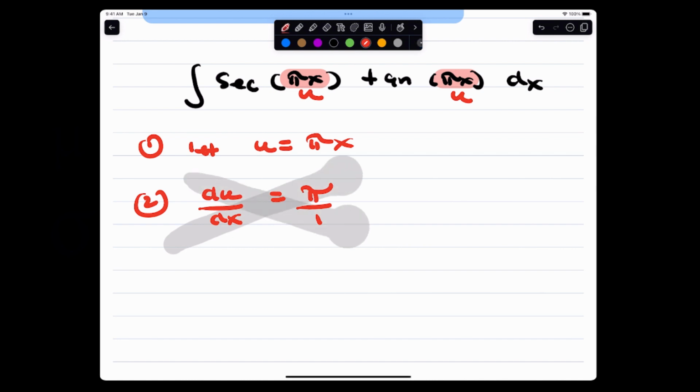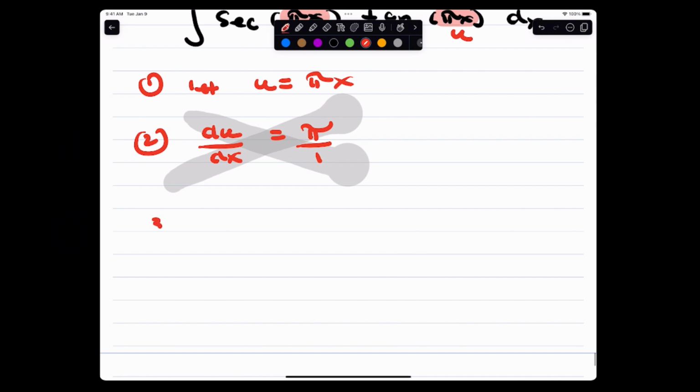Cross multiply. So step 3 will be du is pi dx. Okay, divide both sides now by what? By pi. What is your dx?